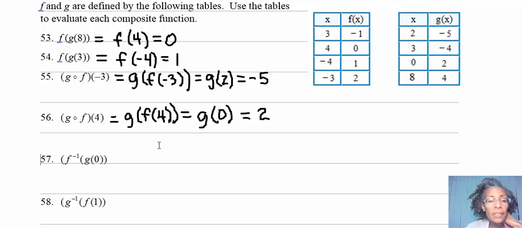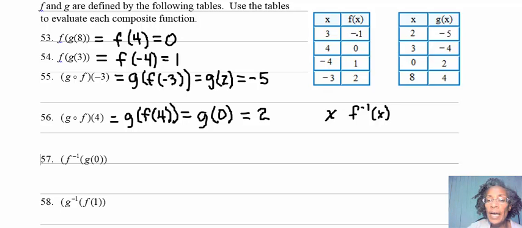So let's take a look at f inverse of g of 0. What we have to understand is that we need a table that gives us information about f inverse. An easy way to do that is to make a table right underneath the table that gives us information about f, that tells us about x and f inverse. And that's very easily done.